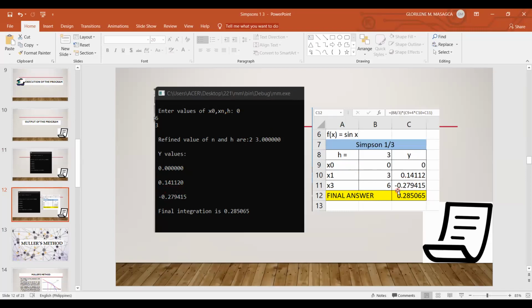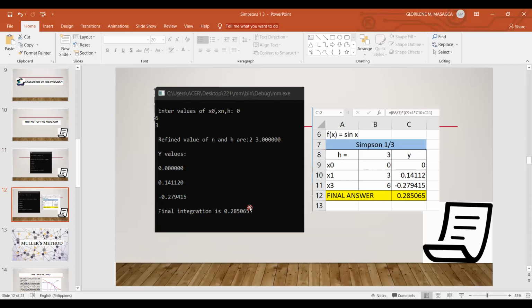So y, negative 0.279415, negative 0.279415, and finally the final answer 0.285065. So the output in Excel and the C program that we executed are the same. So this proves that the C language program is correct and tells the right answer.